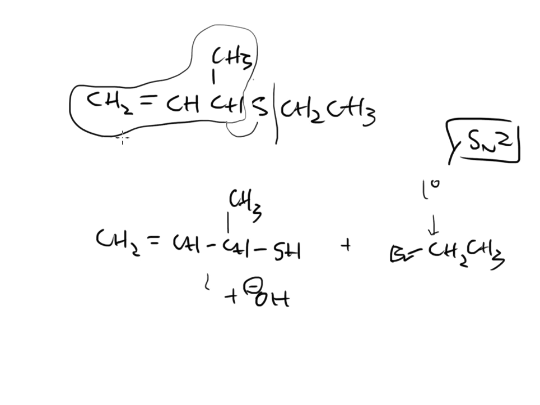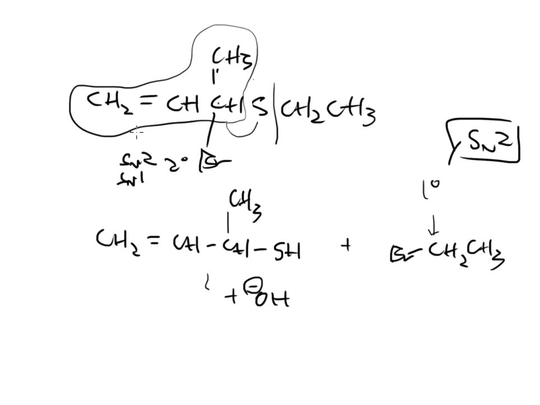If I choose the other route and I put the bromine here on this side, this bromine's attached to a carbon that's on two others. This is a secondary carbocation or secondary alkyl halide, and in addition to that, it is an allylic secondary alkyl halide. So this allows SN2 or SN1 to take place.